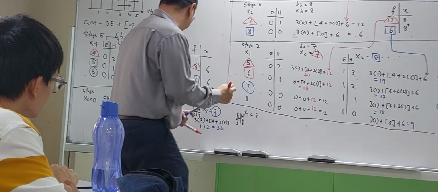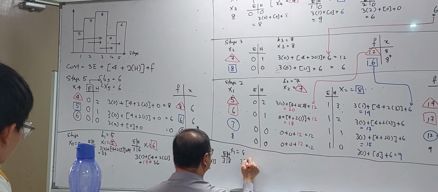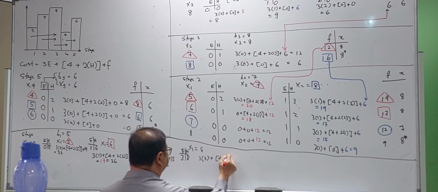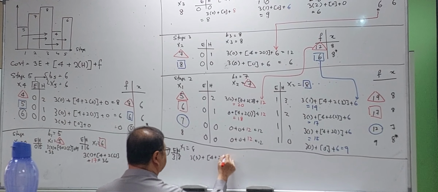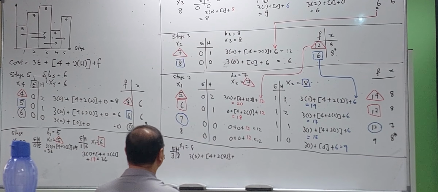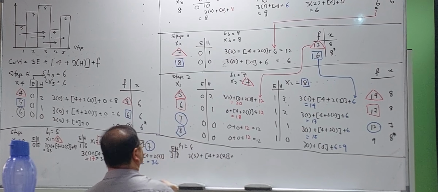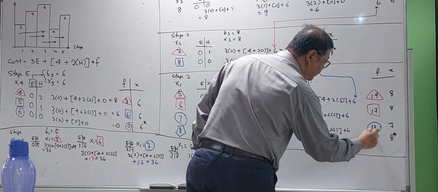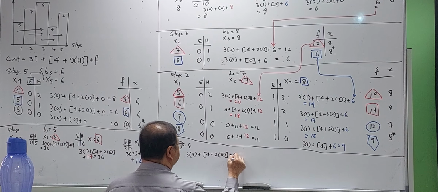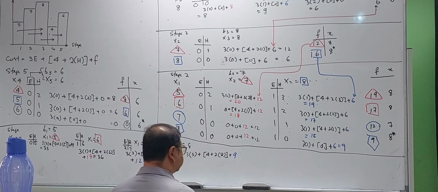and the last one, 3E, 3 substitute here, plus 4 plus 2H plus F. So 8 here. Okay, the corresponding value 9, so plus 9. Okay, so if you calculate this is wrong, the answer there is wrong.